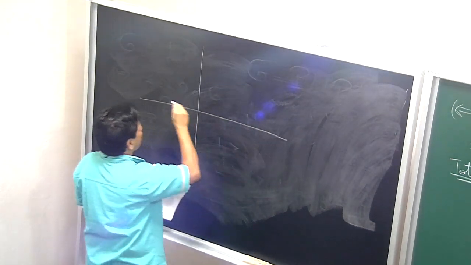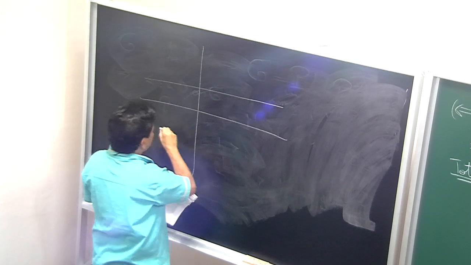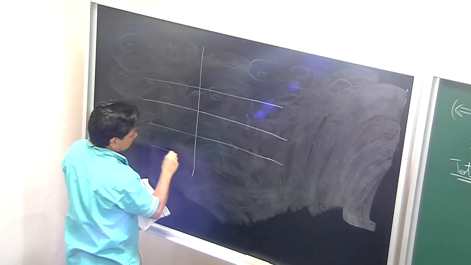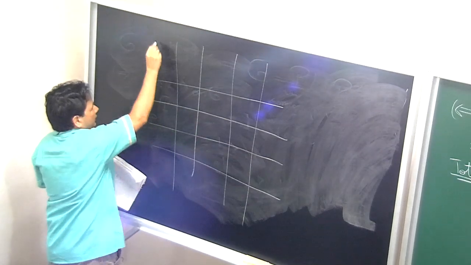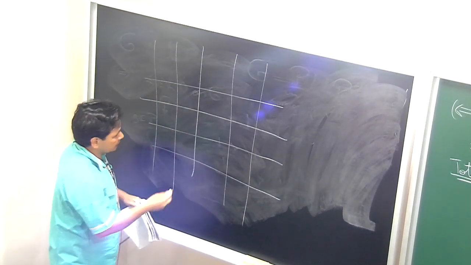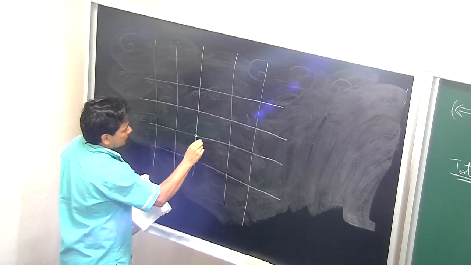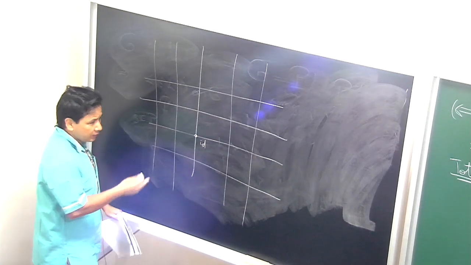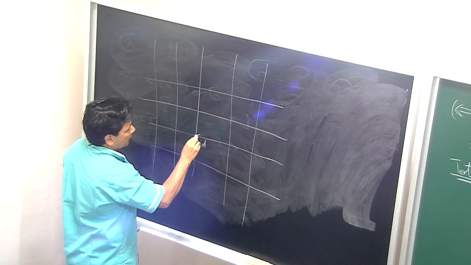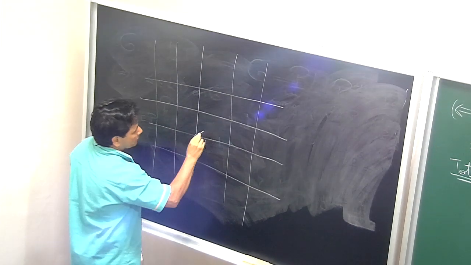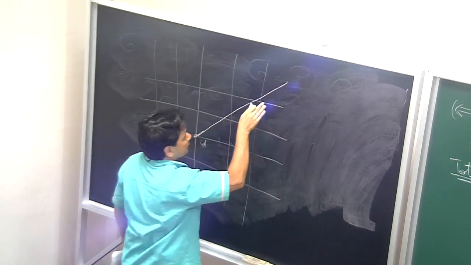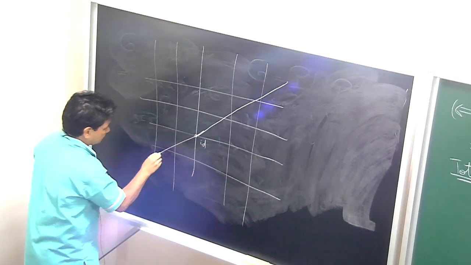I will consider again the Cayley graph of C to the square, and I will draw a line passing through the origin, with irrational slope. So no point of integer coordinates is in this line.